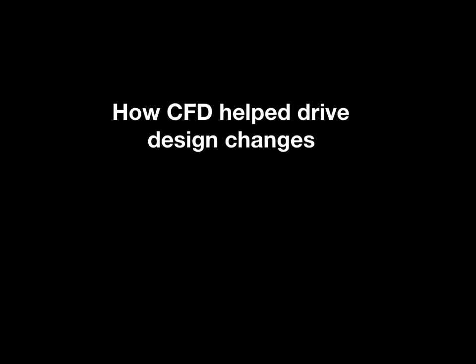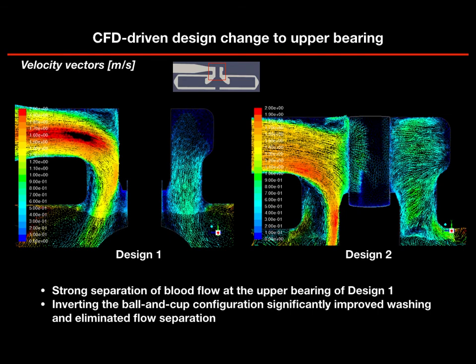Now we will discuss how CFD helped drive the design changes for this device. These are plots of velocity vectors around the upper bearing, shown in the red box of the inset image.